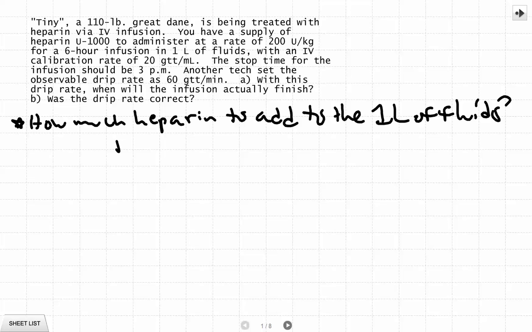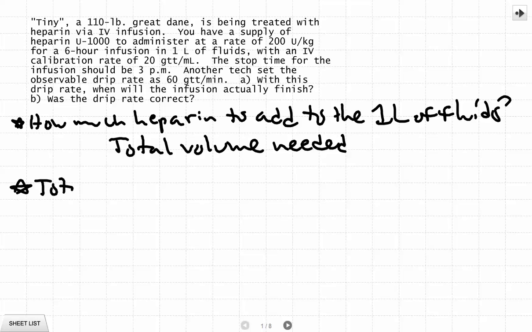We need the total volume to be infused in order to figure out how long it's going to take. So then the second thing we're going to figure out is the total infusion time. And in order to determine the total infusion time, of course, we need the total volume. So let's start with part A, which is how much heparin should we add to the 1 liter of fluids.